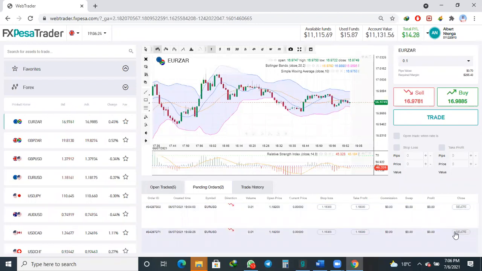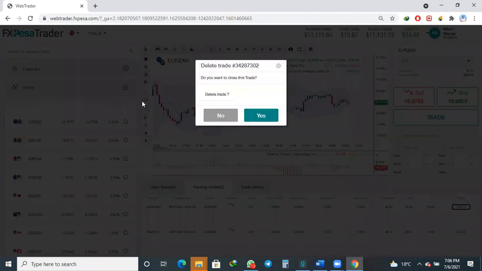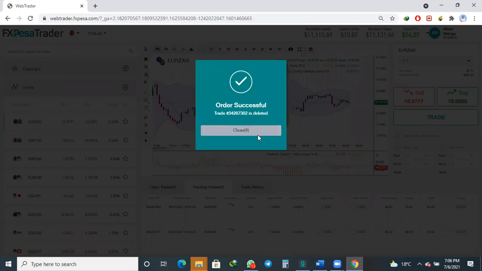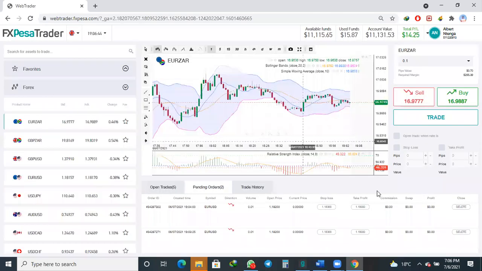That's deleting the trades. So to illustrate, I'll delete the first pending trade. Once I click that, I'll be asked, do you want to close this trade? That's deleting the trade now. You say yes. And the trade will close in a count of 5.